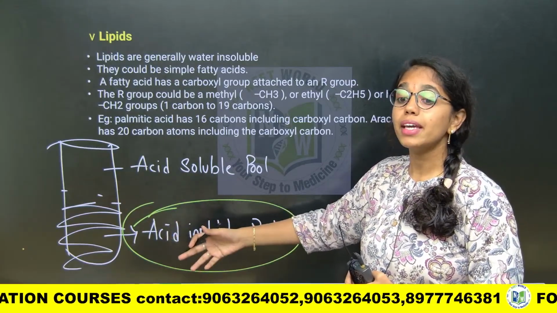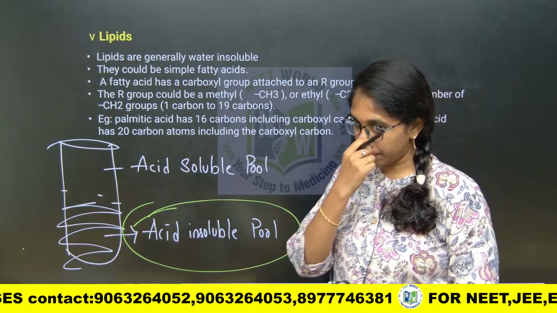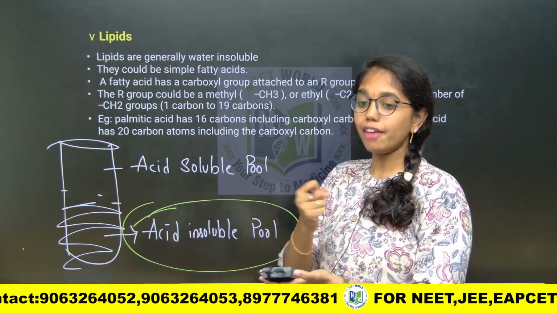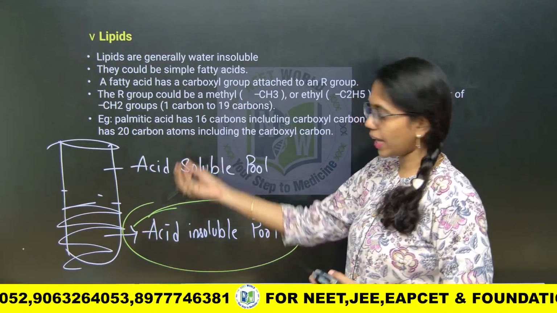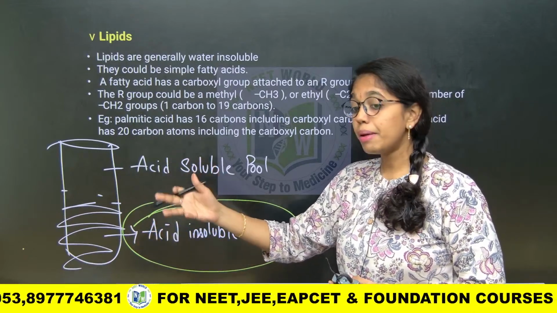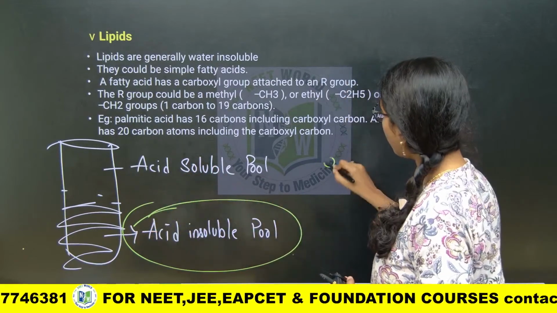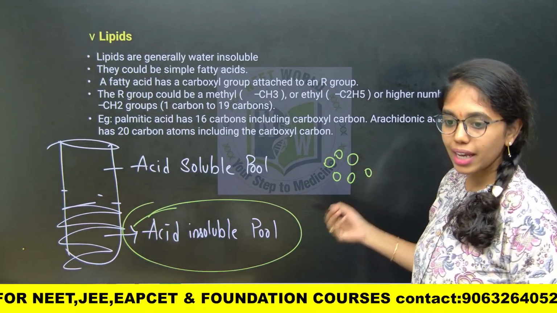Why? Because lipids are the main components in the cell membrane, we all know. When we crush the cell membranes with a mortar and pestle, when we are extracting for the acid soluble and insoluble pool, the cell membrane will get lysed and form vesicles, and we all know that lipids are water insoluble.